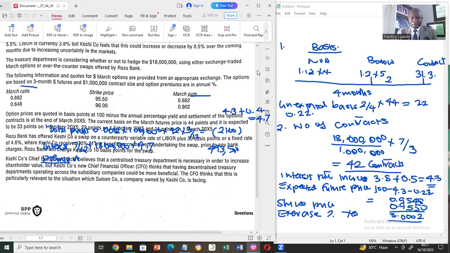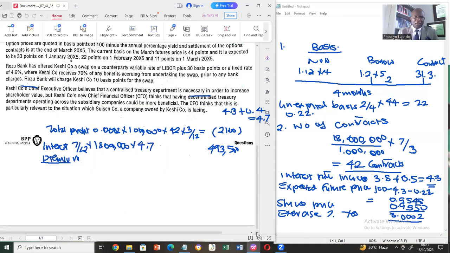So the premium will be 0.00662 multiplied by contract size, multiplied by the number of contracts, multiplied by 3/12. So this will give us 69,510.